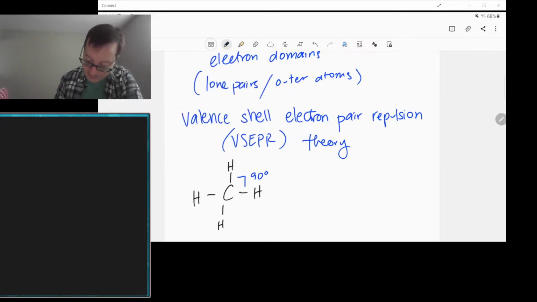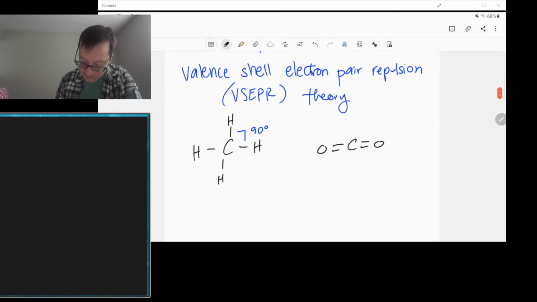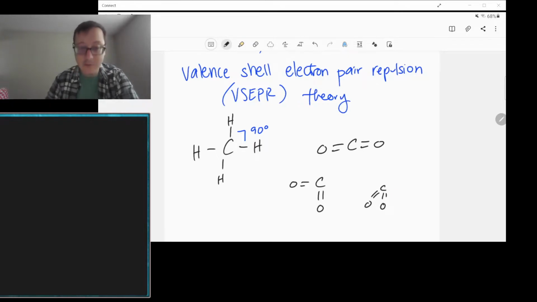This is an easy shape for us. Carbon dioxide just has 2 electron domains on it, right? It has 2 oxygen atoms, and that's it. We're going to see that we have technically various ways to do this, right? We could do all sorts of weird angles.